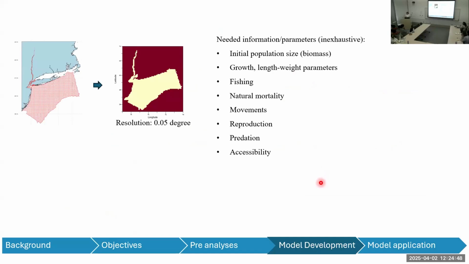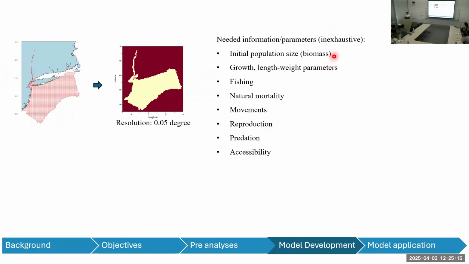Now that species are determined, we should start collecting data and initialize the model. We first generate a grid map for the model, which defines the spatial domain and also the resolution of the model. And here is a comprehensive list of parameters that we need to collect. Data like biomass, growth, and length-weight parameters are very straightforward.